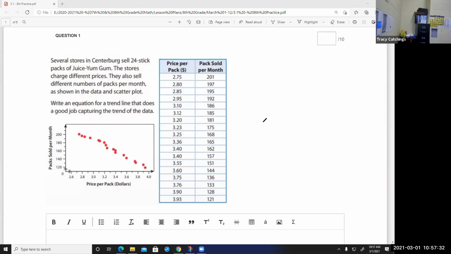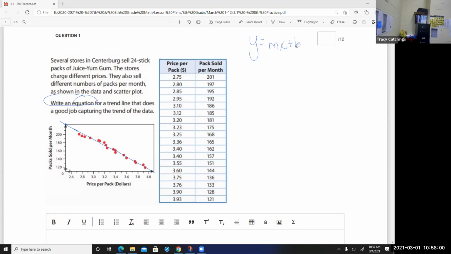All right, so they want us to write an equation. Before we can write that equation, we must draw a line. Will that line be positive or negative? Good job, it will be negative. And you need to go through all your points, and you need to touch a few. All right, the equation form, y equals mx plus b.